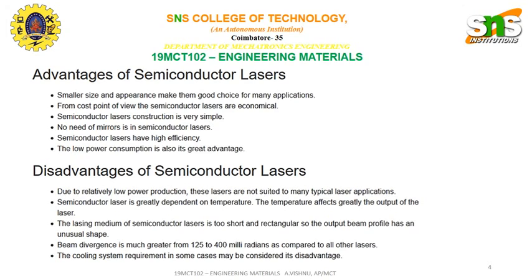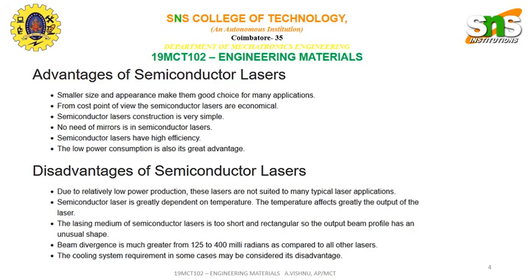And the main disadvantages are: due to its relatively low power production, these lasers are not suited for many typical laser applications. Semiconductor laser is greatly dependent on temperature. Temperature affects greatly the output of the laser.